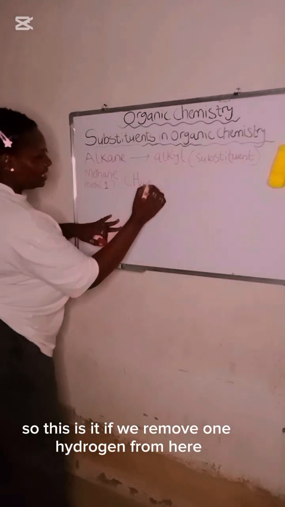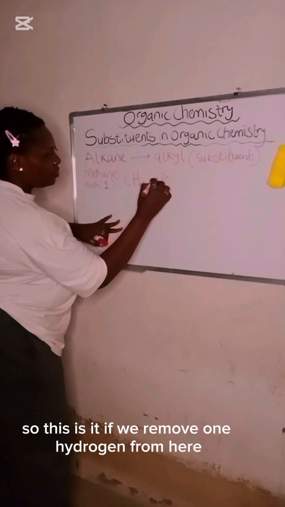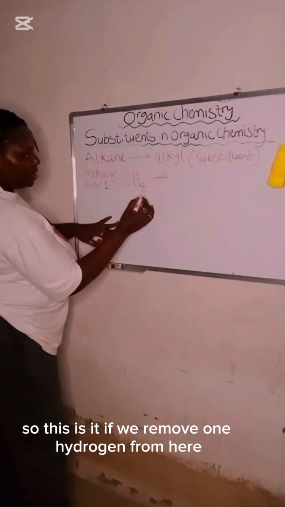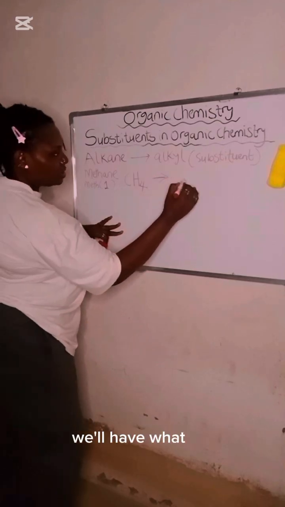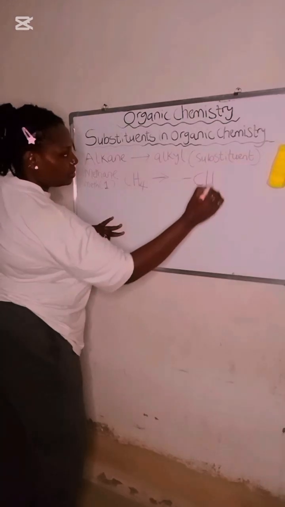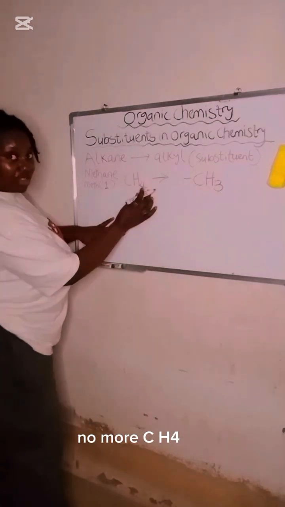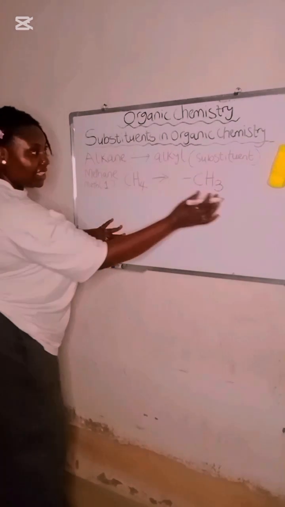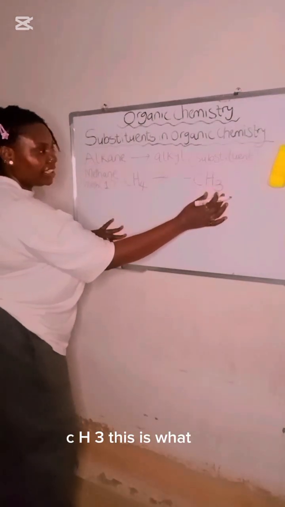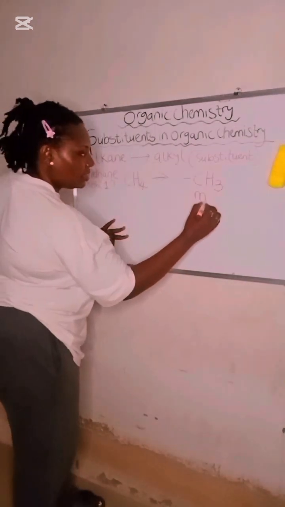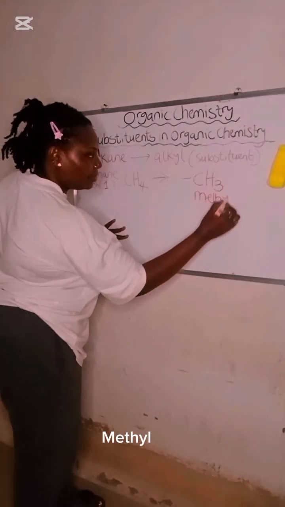So if we remove one hydrogen from here, we'll have what? No more CH4, CH3. This is what? Methyl.